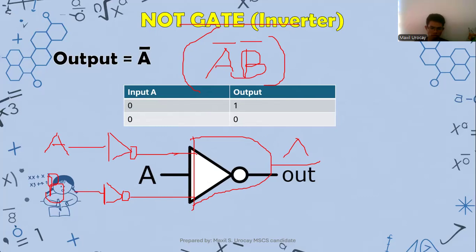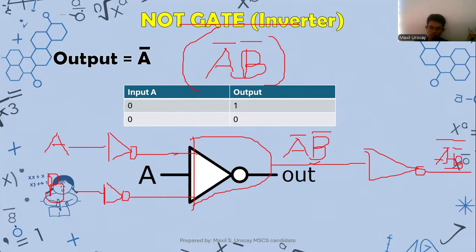So this is A and this is B. What we'll do right now is invert that one. It will become like this: A, B, and then inverted. So that's actually very simple.